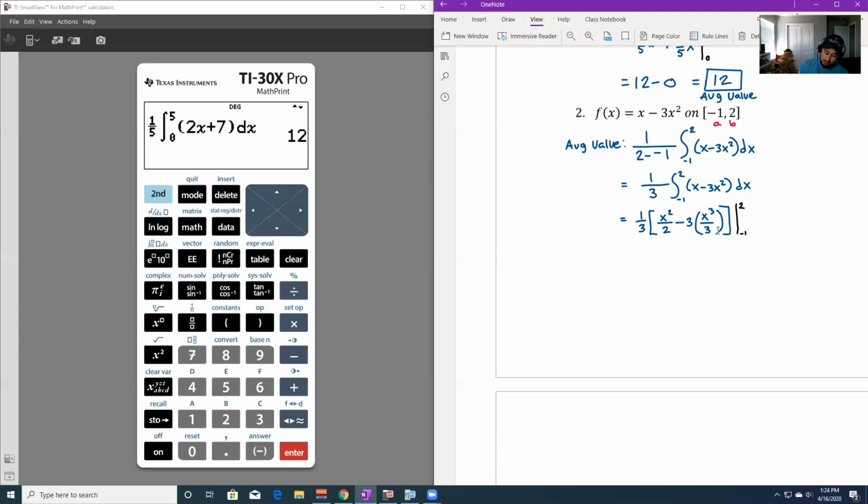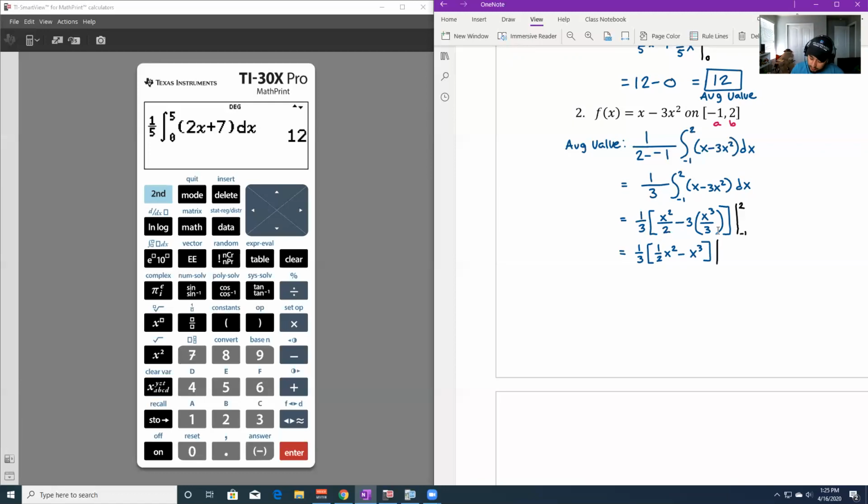Okay, so you get, whoops, wrong color. Clean this up. You get 1/3 times, and I'm going to rewrite x squared over 2 as 1/2 x squared minus, and on 3 times x cubed over 3, your 3's will cancel. So you're just left with x cubed.